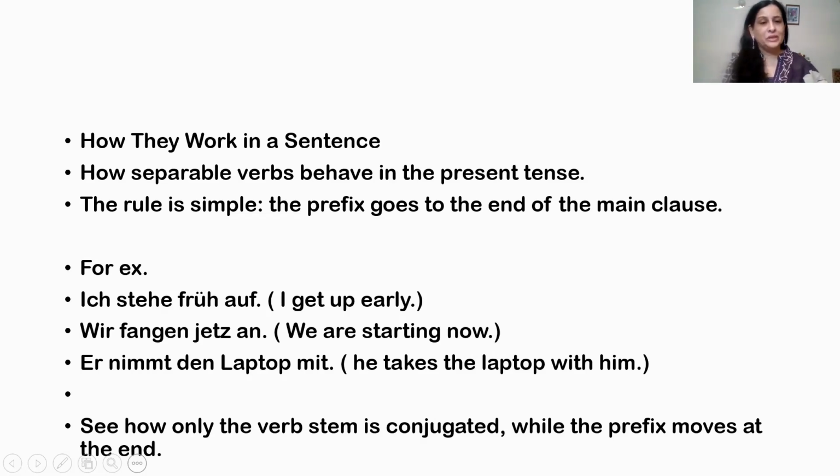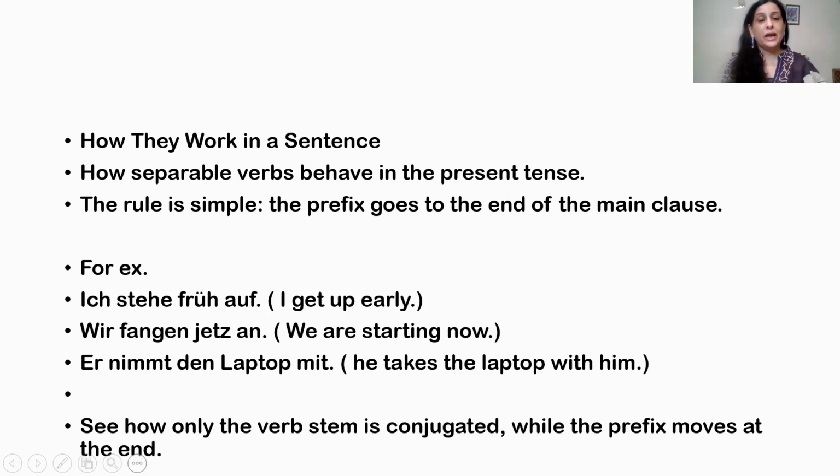Again, the same thing is happening here. Anfangen, to start. We are breaking that main verb into two parts. Fangen, as usual, comes at the second position, and an is moving to the end of the sentence.